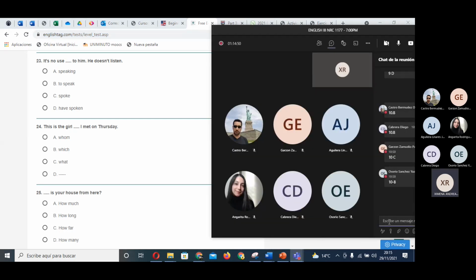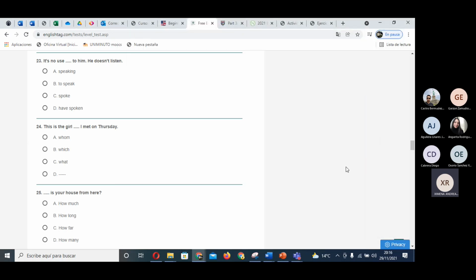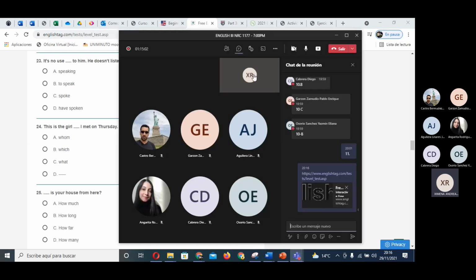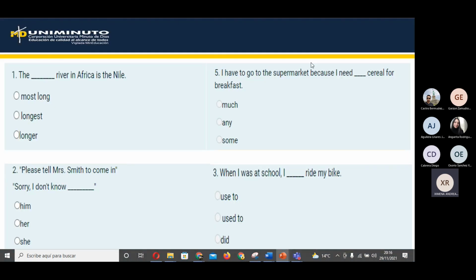Les voy a compartir también este link, a modo de autorrevisión, ¿no? Como un test, una autoevaluación, un test personal, son 50 preguntas, nosotros vamos en la 20. De manera que ustedes puedan tener práctica. Miren que lo que nos piden aquí es agilidad para revisar precisamente respuestas posibles. Y es lo que ocurre acá. Yo les voy a compartir, a modo de conclusión, situaciones en donde debemos elegir la respuesta correcta.